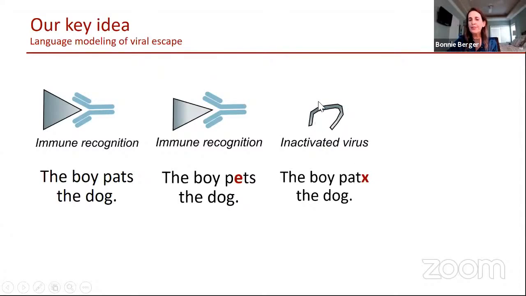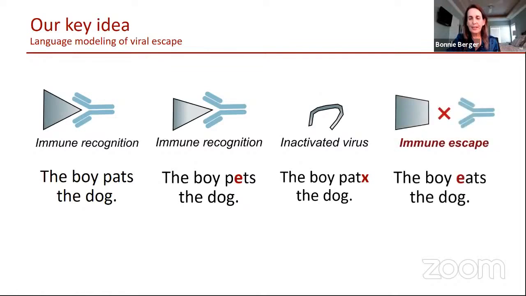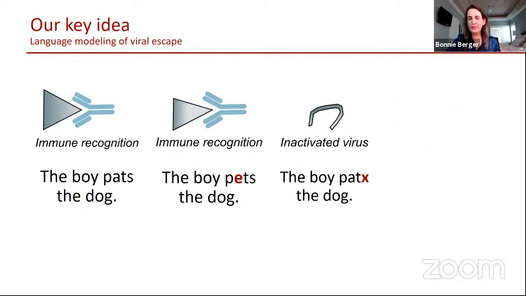The problem with this mutation, which is different than viral escape, is it affects the action of the protein. Affecting the action causes the protein not to obey the biological set of rules, or grammar of rules, that are put in place naturally.